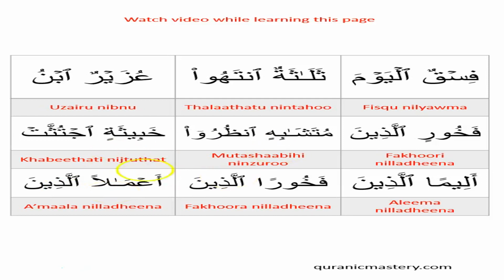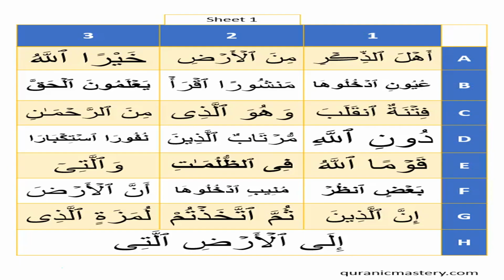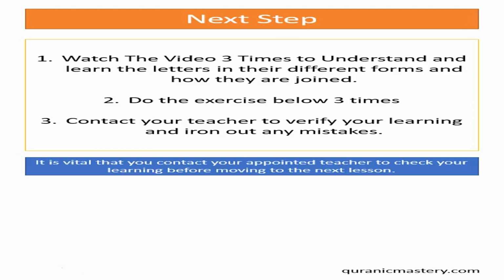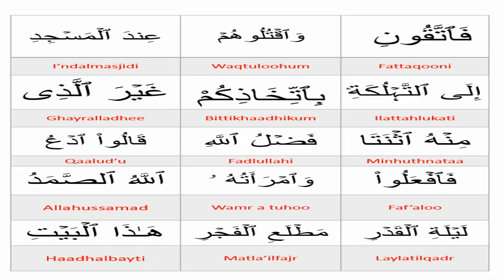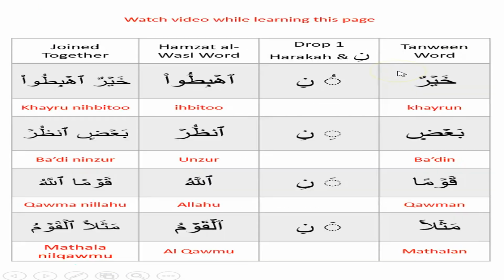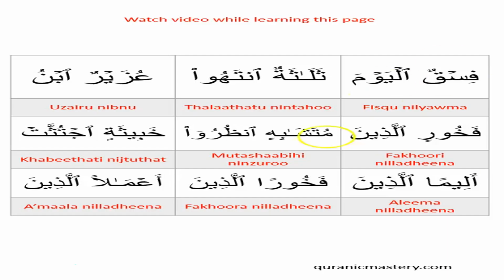So I hope that makes it clear for you, and inshallah you can go through the exercise with the teacher. You should try and find these again in the Quran. Both the examples of this one, where you're just connecting the last harakah onto the one letter after the Hamzat al Wasl, and this one, where you are connecting the Tanween with a noon, joined onto the first sakin after the Hamzat al Wasl.